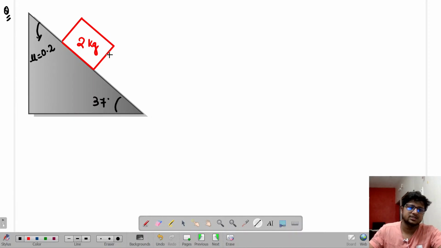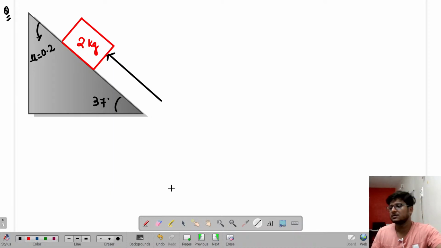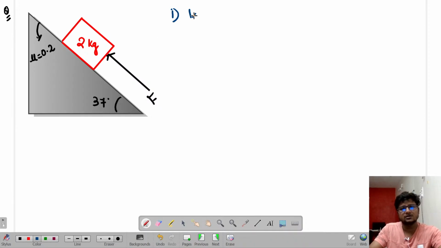And I'm applying one extra force, and let's suppose this value of force is capital F. So case 1: you have to tell me the acceleration and everything when I take different values of forces. Is that clear?